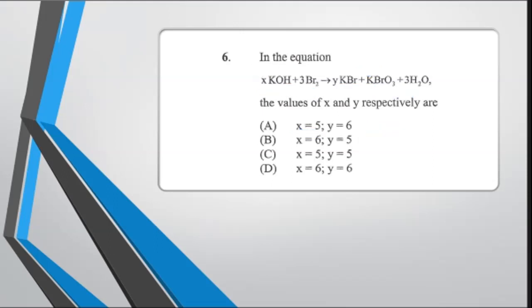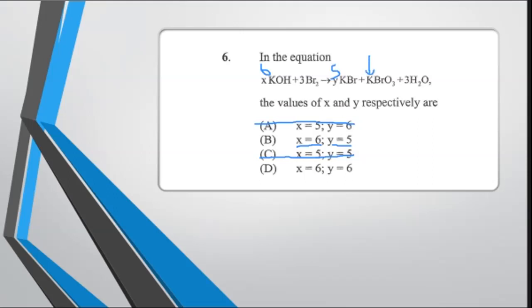So we need to look for an option now where X is not 5, where X is 6. So A is not our answer, and C is not our answer. That leaves us with B and D, right? So when X is 6, Y is equal to 5. Let's try that one. When X is 6 and Y is equal to 5, on this side I have 6 potassium. Over here I have 5 potassium plus 1, so I have 6 potassium on this side as well.